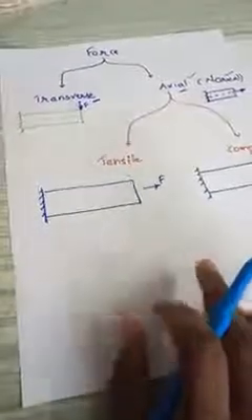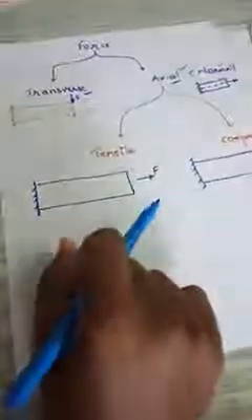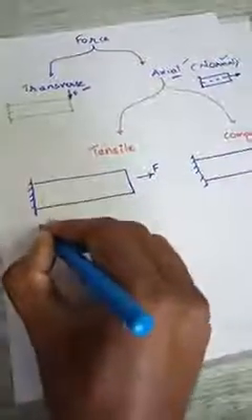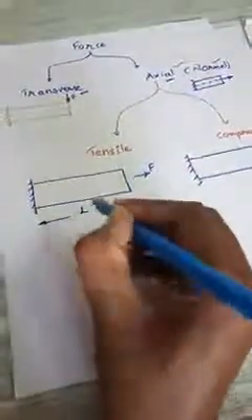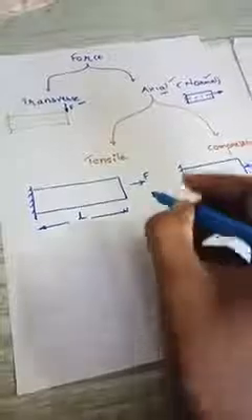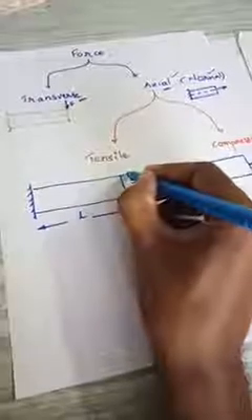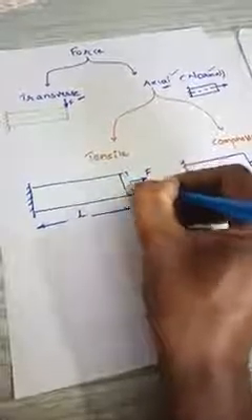In this figure we have a bar and a force is acting. Initially, before the application, there is no change in the length, no increase or decrease. We will take the initial length of the bar as L. After the application of the force, what will happen? The length will increase a little bit.